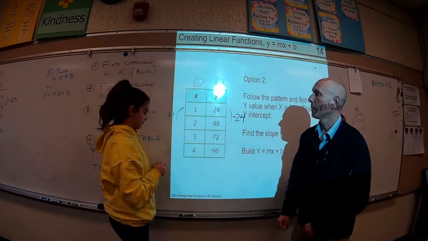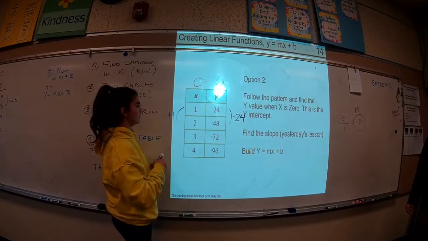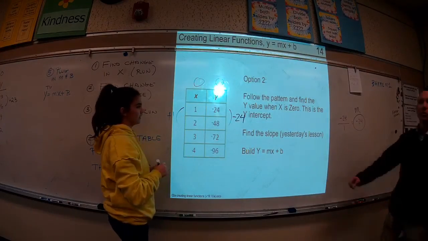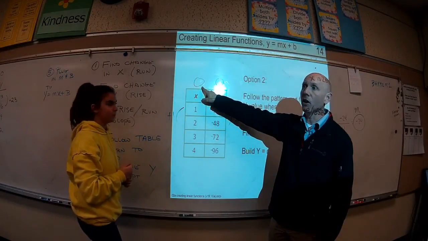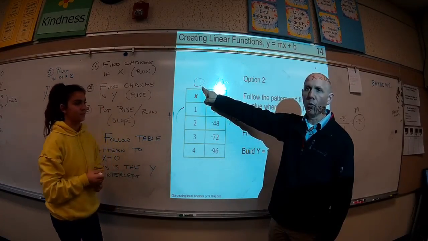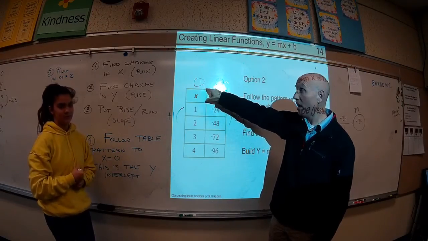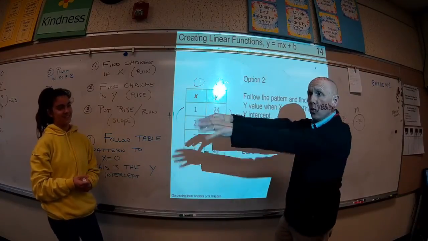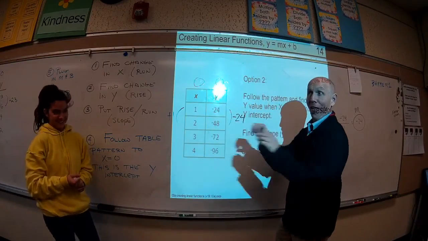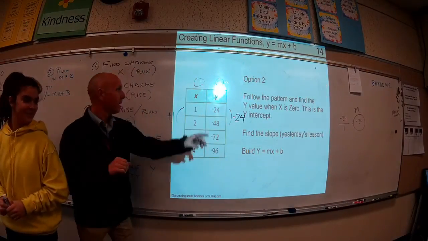Good. Which one's the y-intercept? Ava, what's that one? No, that's not the y-intercept. This is the big flashing light that says, this is the y-intercept right here. See this guy?